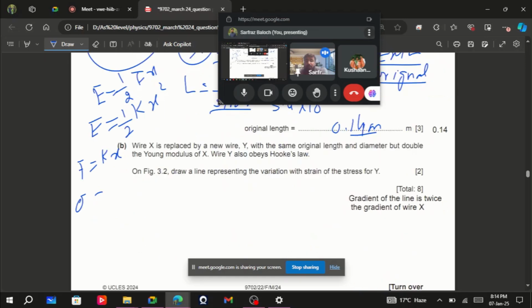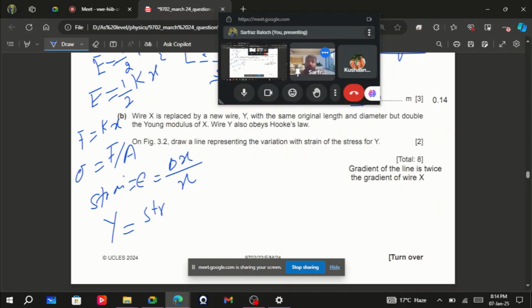Also stress is equal to force per unit area. Strain, denoted by small e, is equal to change in length over original length, and Young's modulus is stress over strain. So whenever you are solving a question related to stress and strain or stretch, you should keep in mind all these relations. Is it okay?